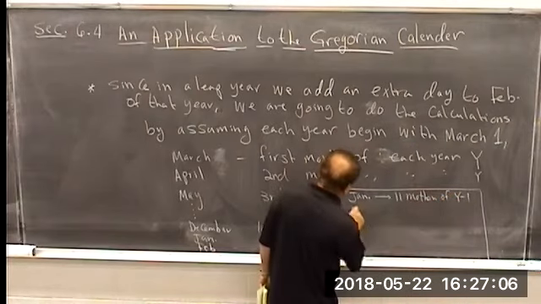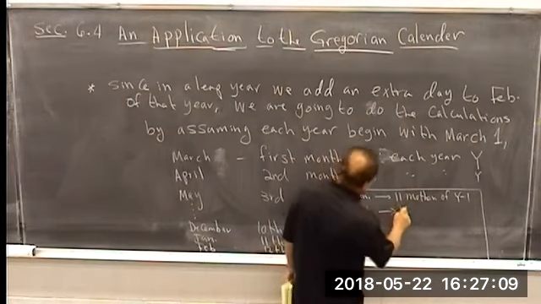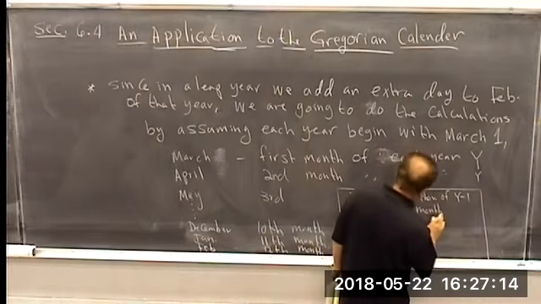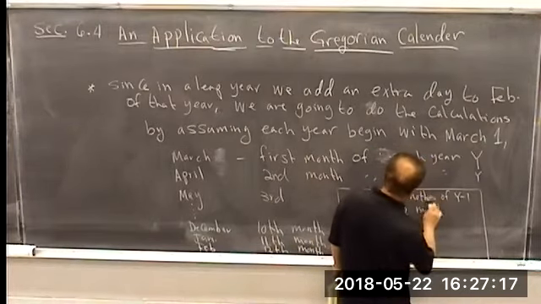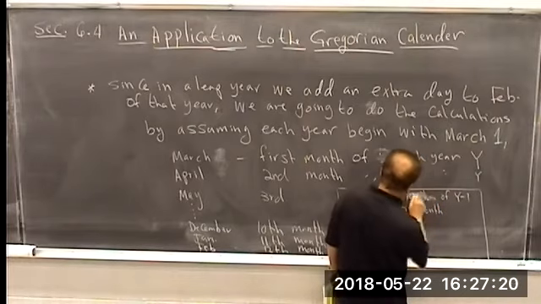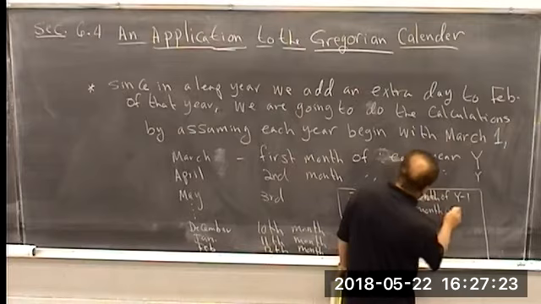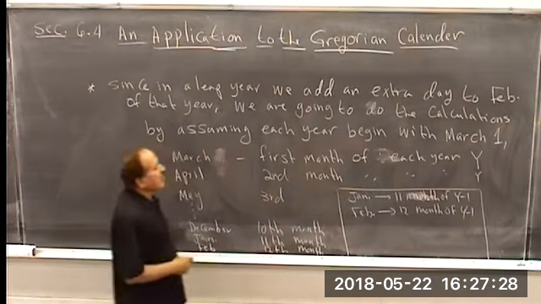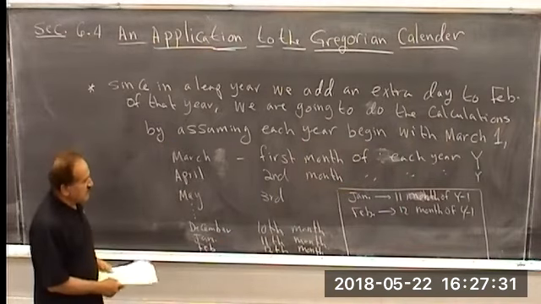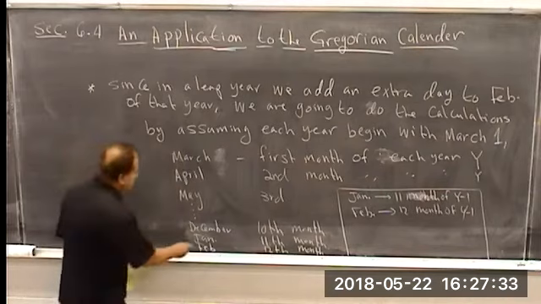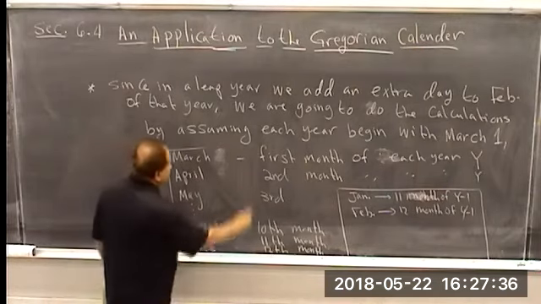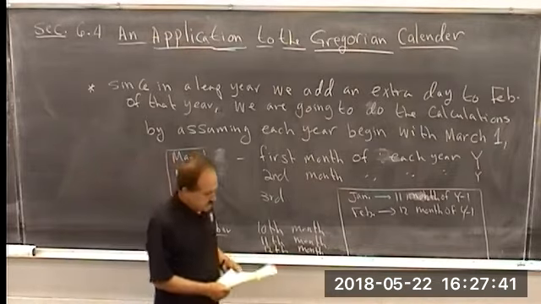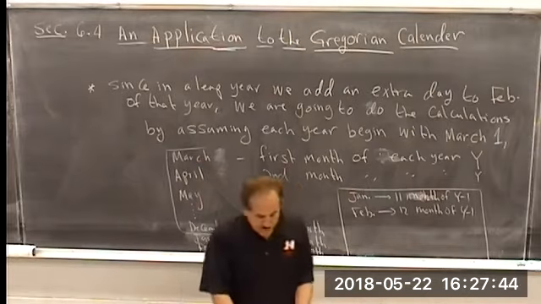And February is going to be the 12th month of the year Y minus 1. All right? So we're always going to go back to the previous year. For all other months except January and February, we're going to consider them from the same year.